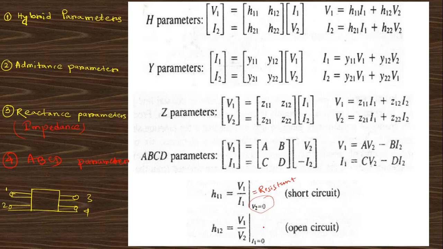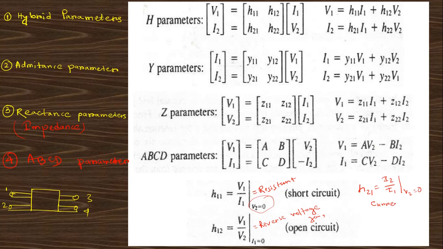And H12 is V1 by V2, the reverse voltage gain, when I1 equals 0, that means open circuit. H21 means I2 by I1 when V2 equals 0. V2 equals 0 means short circuit, and I2 by I1 means current gain.